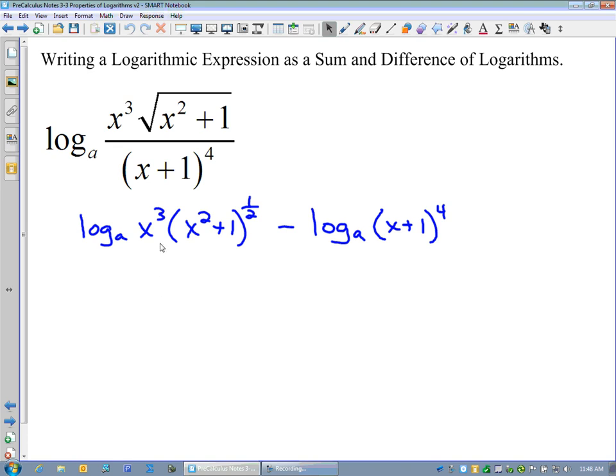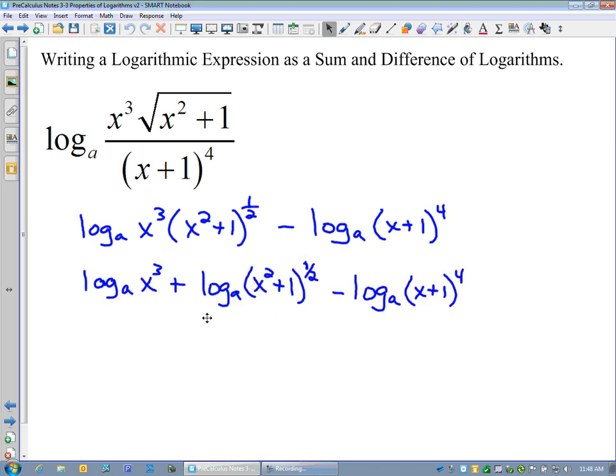And now, after the quotient property, I'm then going to break up this product, x cubed times the parenthesis to the power. So next I'm going to use the product property. For this product, it's going to be log base a of the first factor plus log base a of the second factor, so breaking up the product. And now the only thing that would be left is the power property.